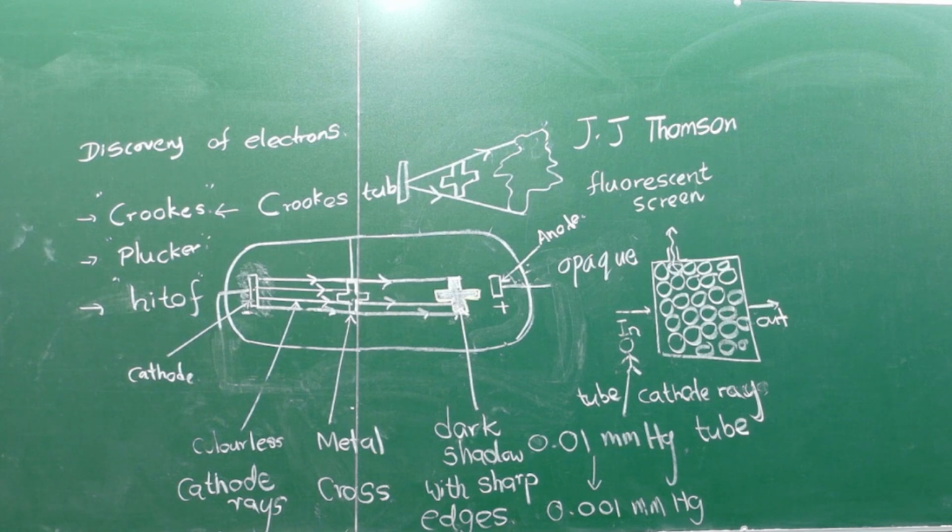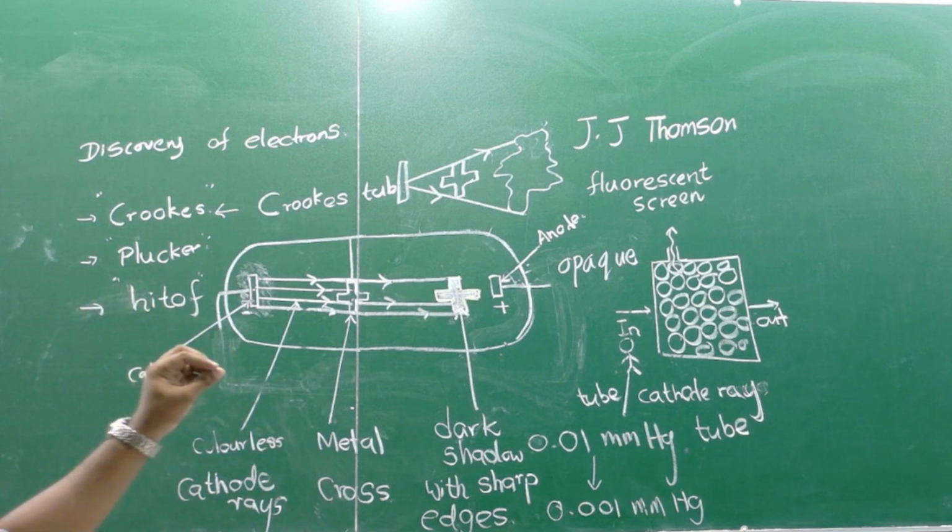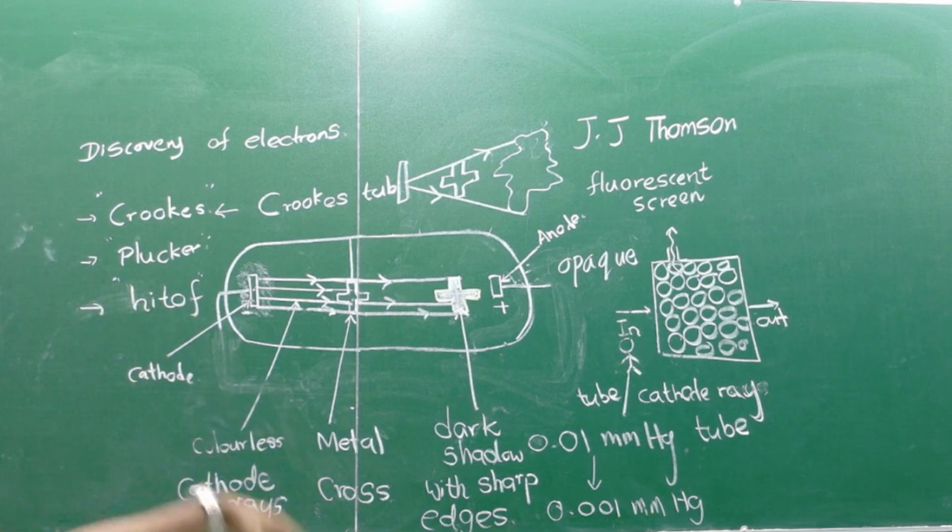Okay. Now draw the setup. You can draw the cathode, anode, cathode rays, the metal cross, and the dark shadow with sharp edges. Draw it neatly. Draw the apparatus.